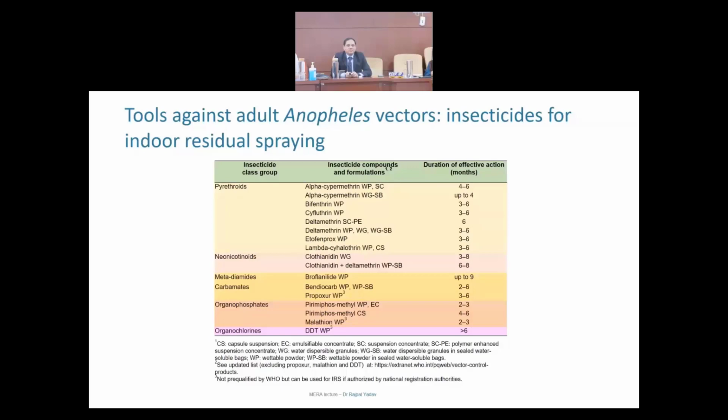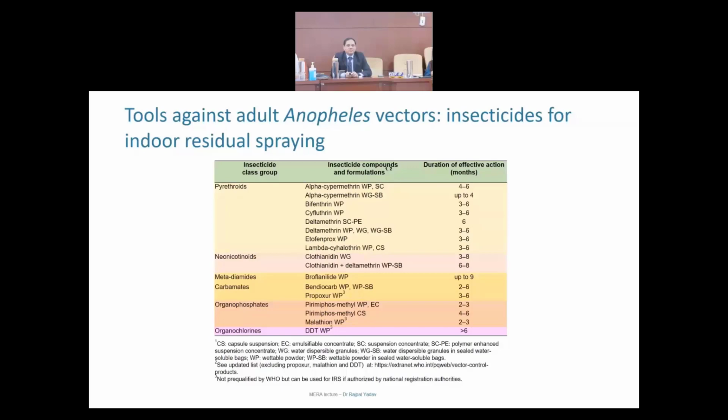Now, in this list, except for DDT, which has not been pre-qualified by WHO, all other compounds have been pre-qualified. DDT has not been pre-qualified because the only manufacturer is Hindustan Insecticides Limited in our own country, but they don't own human risk assessment or environmental risk assessment data, and WHO needs all the data.